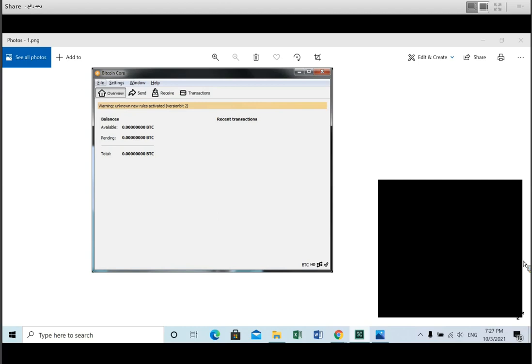For installing Bitcoin Core, you should have enough space, at least 500 gigabytes, because after installation this software tries to download the whole blockchain.